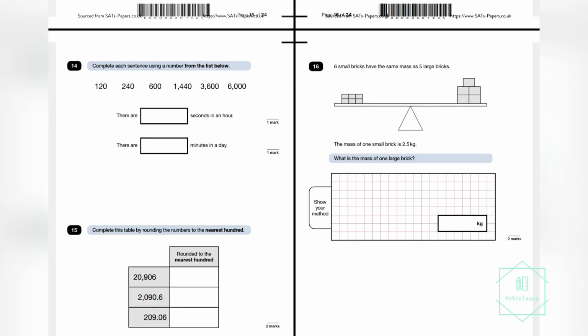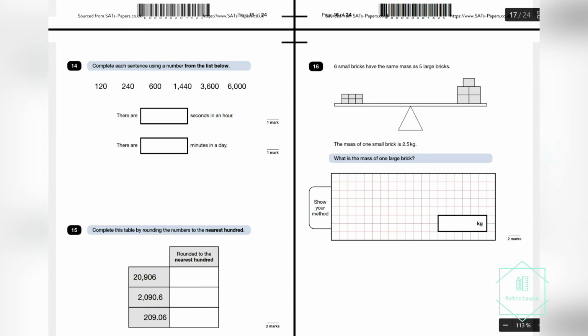Complete each sentence using a number from the list below. There are dash number of seconds in an hour. So we have to work out which number it could be. Either we can work it out, or if you know it by heart, you can mark it.